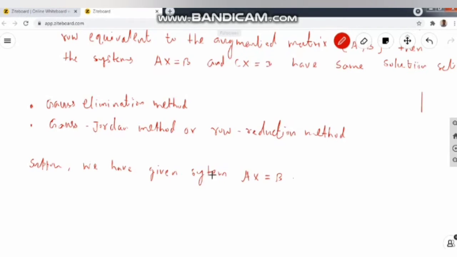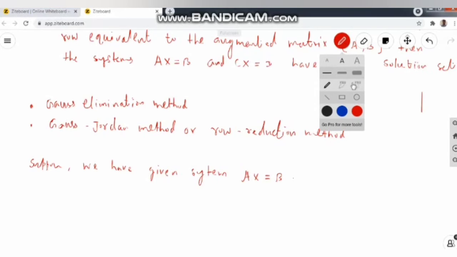In that case, in the Gauss elimination method, we first of all construct the augmented matrix.